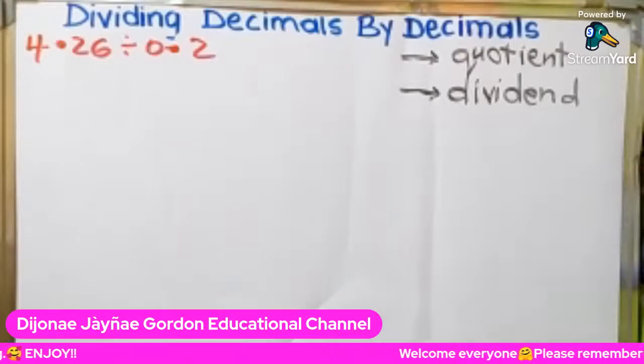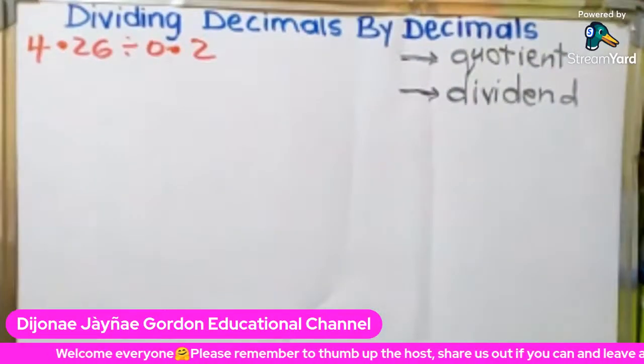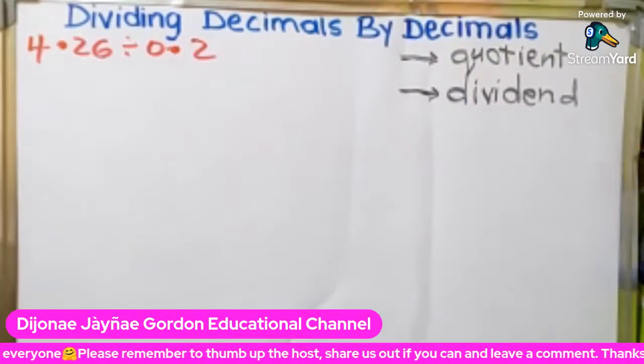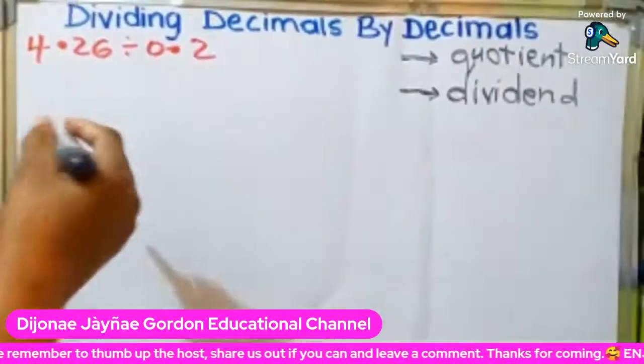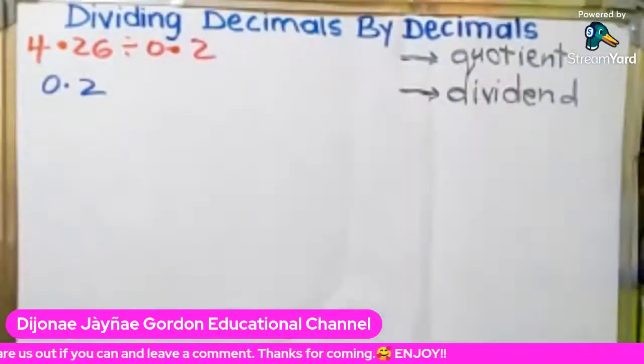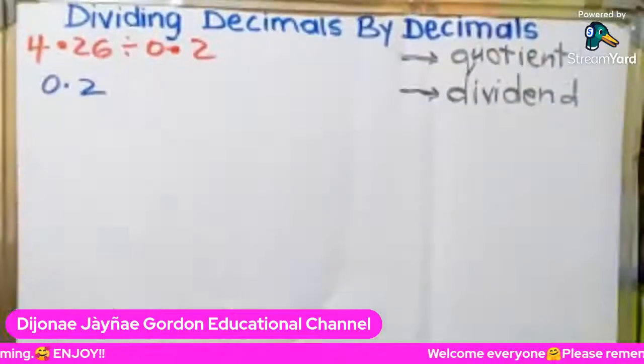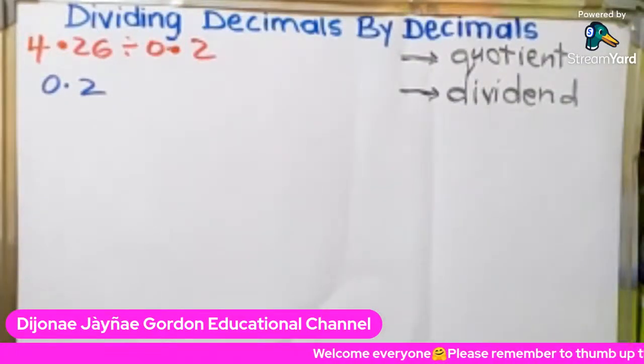First thing we have to do is to identify our divisor in this problem. And of course, in this case, our divisor is 0.2. So we're going to take 0.2, and we're going to look to see which power of 10 we're going to be using, whether 10, 100, or 1,000.